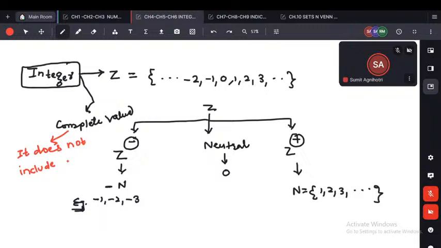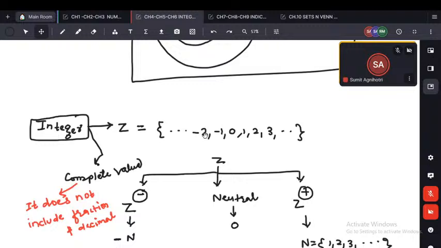And if you say that is actually part of the real number, under real numbers from minus infinite to plus infinite, that is not under integer. In the middle we take, and towards the left we take negative values, and towards the right we take positive values definitely.